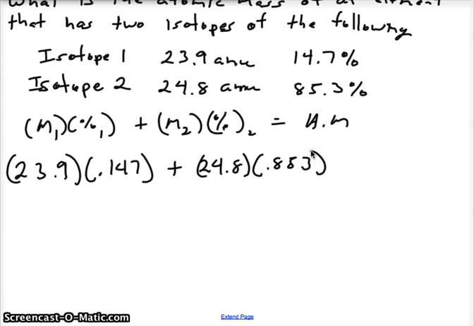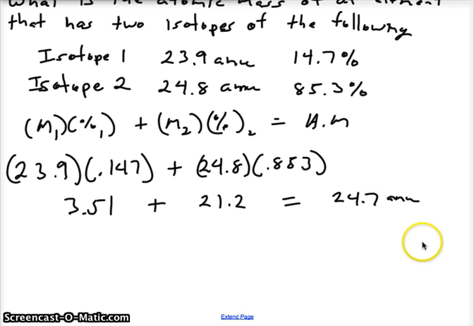Punch those into your calculator, and we'll get 3.51 here. 24.8 times 0.853 is 21.2, and we'll add those together, and we get 24.7 AMUs. That's pretty straightforward. Let's do one more example that's a little more complicated.